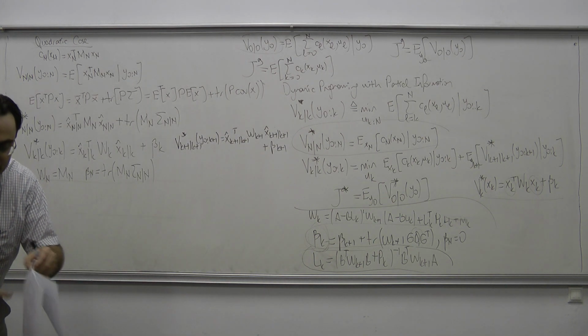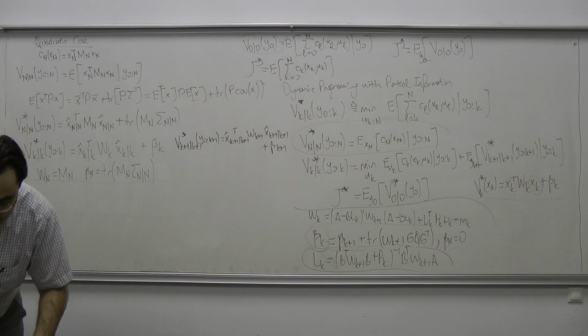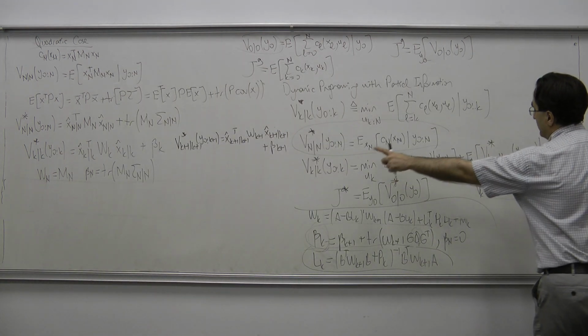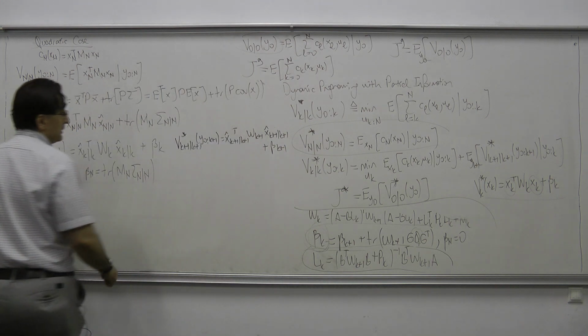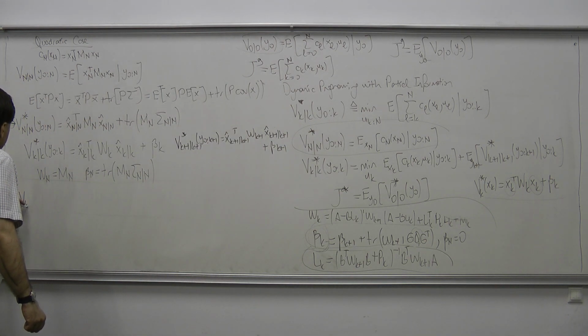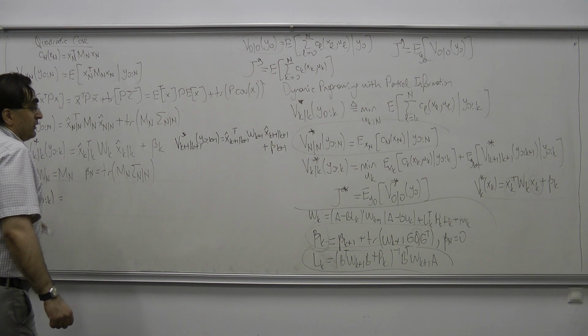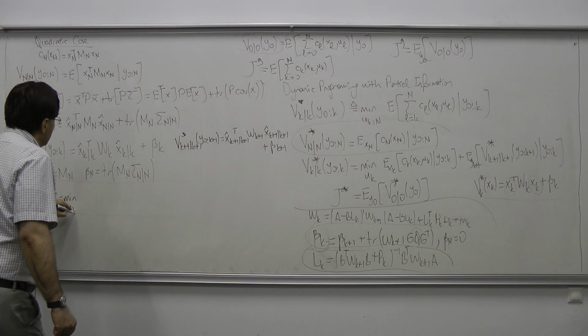So now let us start our recursion, or let us look at our recursion. I will use this formula. So I have Vk given k star of y0k equal to the minimum with respect to uk.